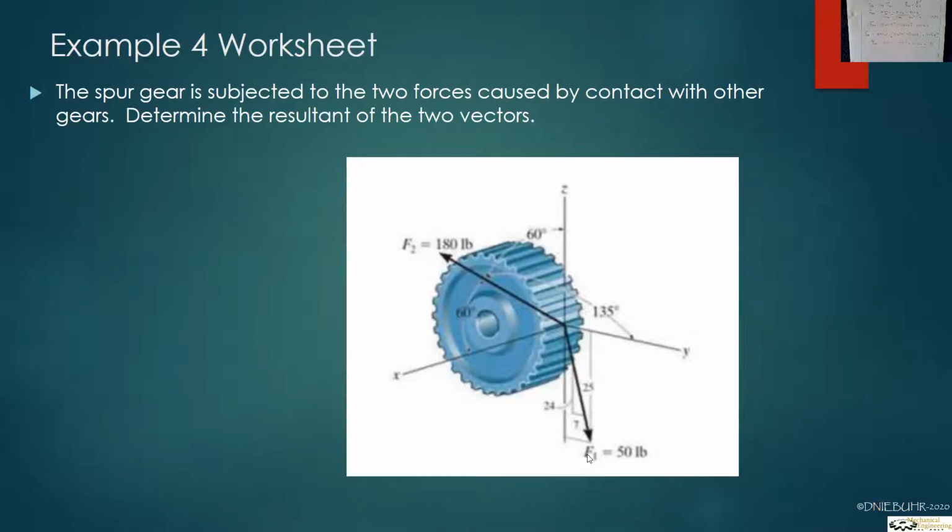I want to point out that theta x, theta y, theta z are given for F2, but then also for F1 that it lies in the YZ plane. So you have a 7, 24, 25 triangle in that. So go ahead, take this time now to solve this. You're going to figure out what is the vector of F2, what is the vector of F1, add their components, and just leave it as a vector. So go ahead and work on that, and we'll pick up and start solving that here.